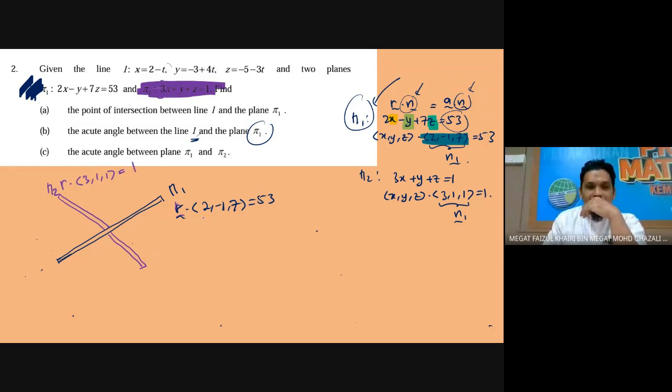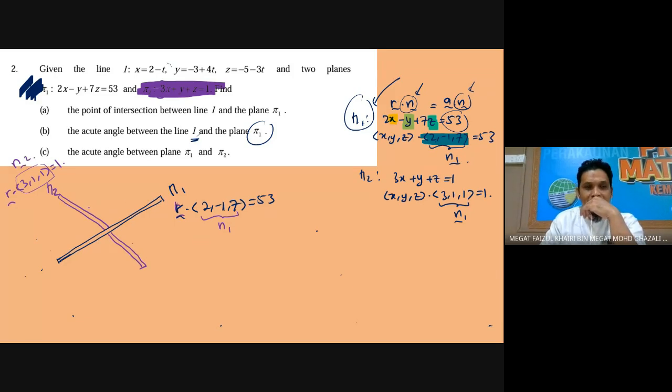So this is the normal of pi 1, and this is the normal of pi 2.